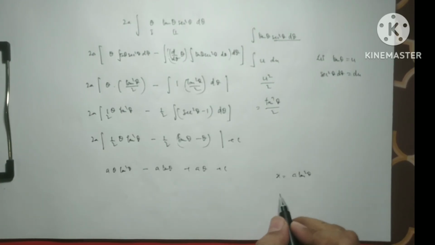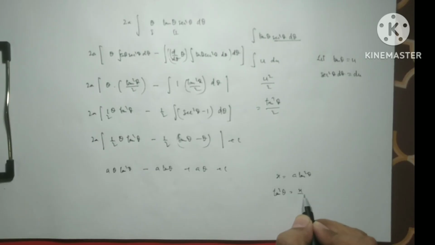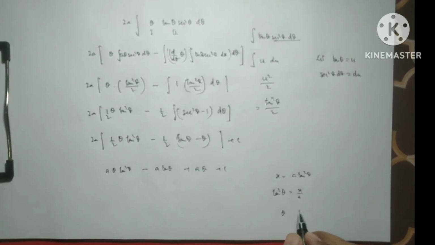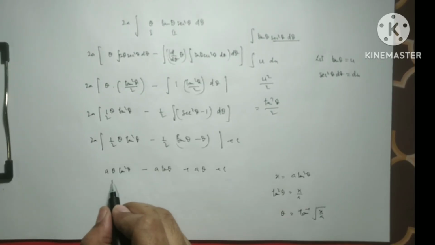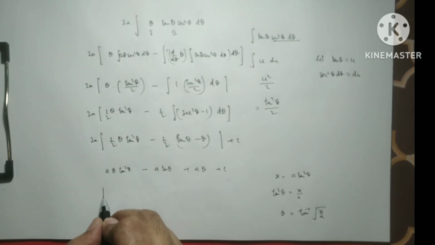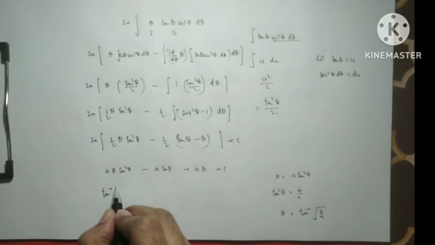So tan square theta will be x by a, and theta is tan inverse of under root x over a. So we can place this. It is tan inverse root x over a.